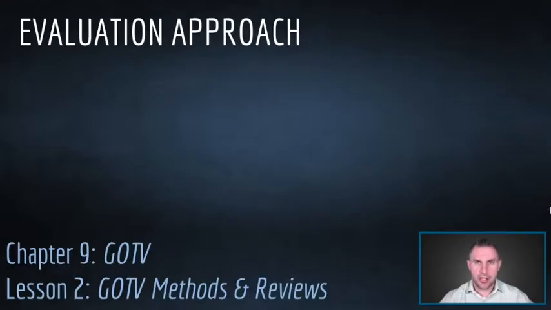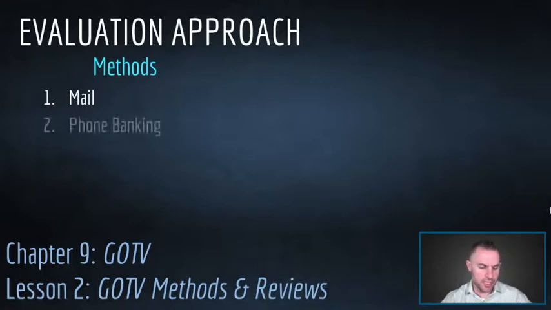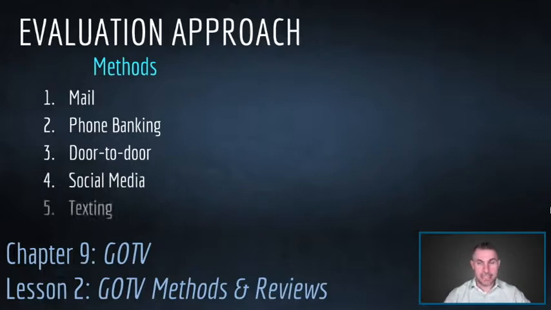So as we talked about in last lesson, just want to do a little review here. We have our different methods that we talked about to bring customers along on the critical milestones along the journey for GOTV. So we talked about mail, phone banking, door-to-door, social media, and texting.